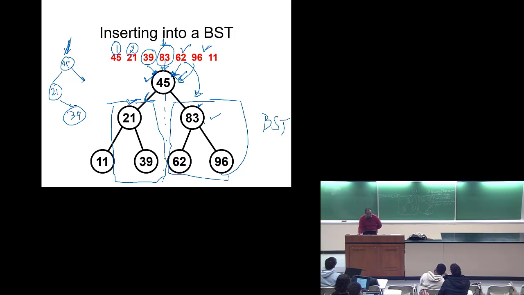Now your question is, if you put it here, then this is violating the binary search tree requirement. Why? Because here we are fine, here we are fine, but we are not fine here. All the nodes which are on the left hand side of the root, which is 45, should be less than 45, but 83 is greater than 45.